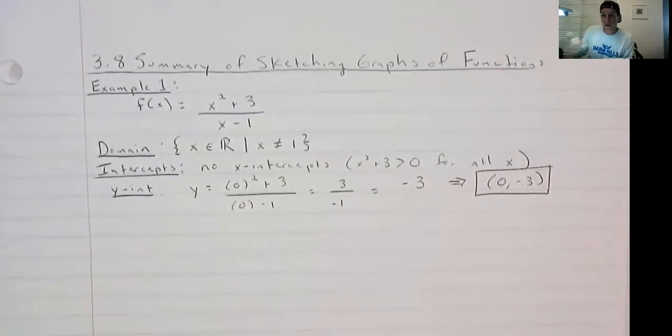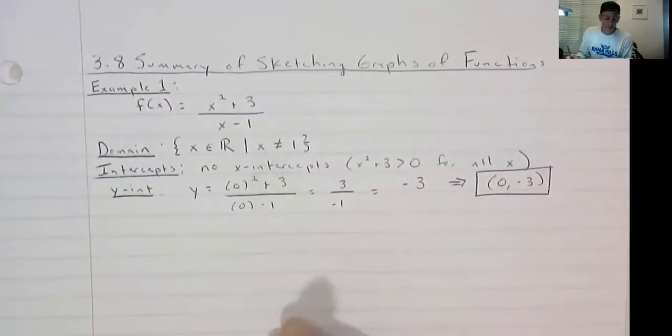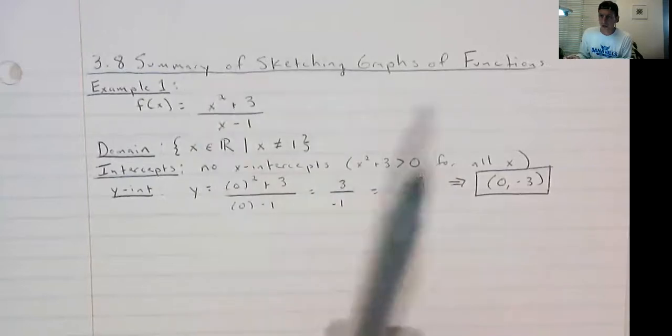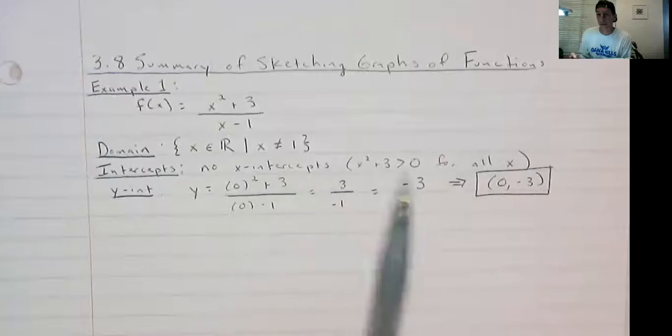Okay, so we've got our domain, got our intercepts. Next question is usually, or what you will ask yourself next, is there any symmetry going on here? And the book in this example kind of just flies by it and says, oh, there is no symmetry with respect to either the y-axis or the origin. A note about that, I'm only going to really think that we should test for y-axis symmetry.